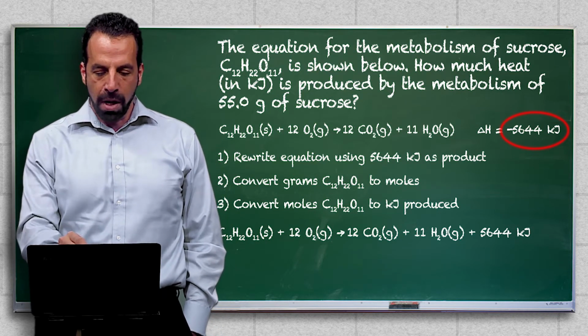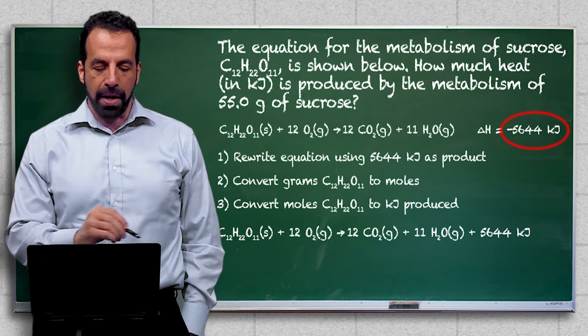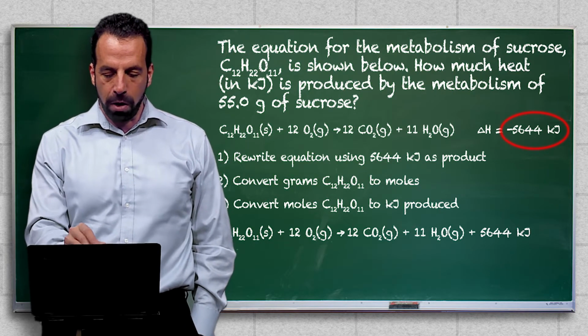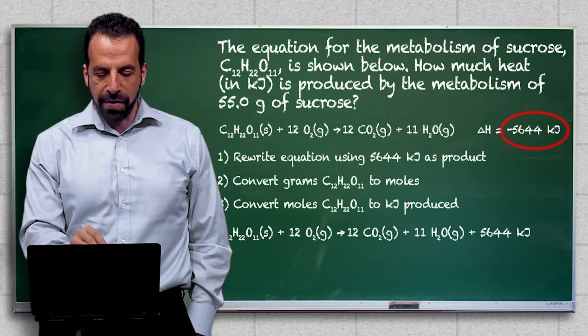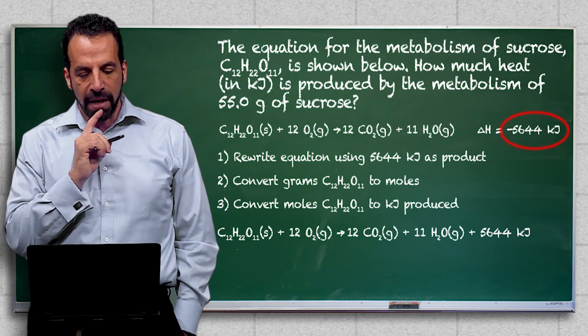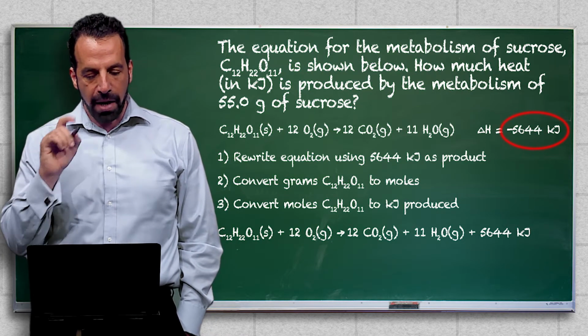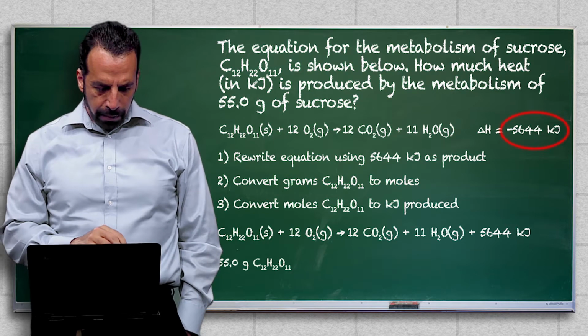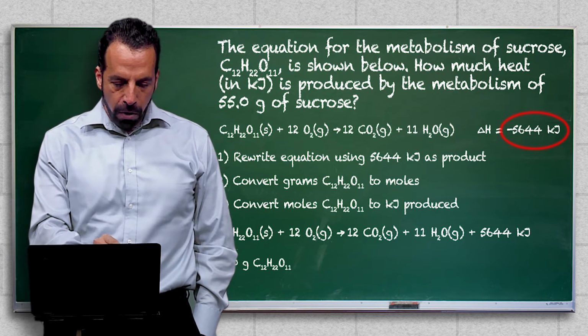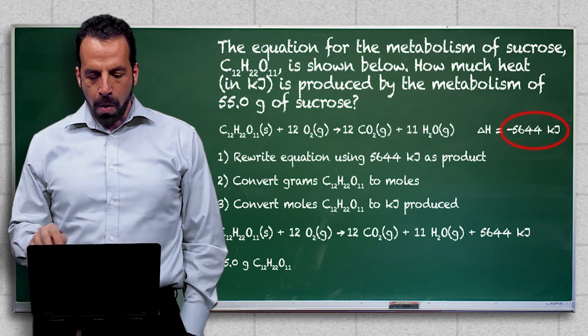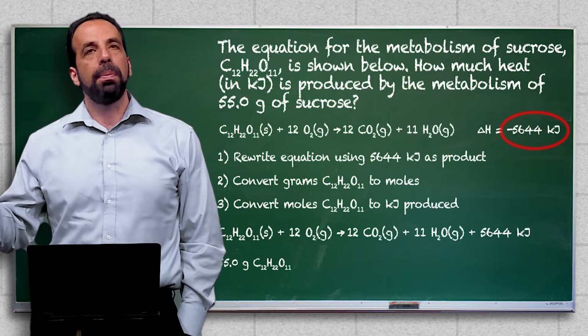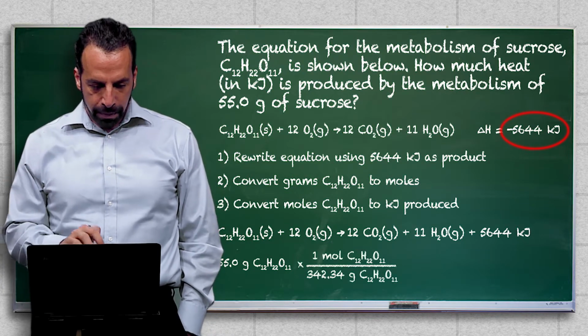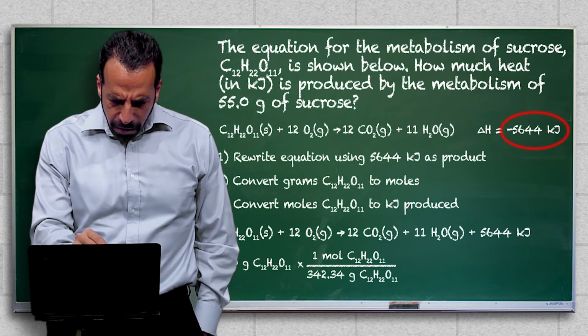I rewrote that equation, and again, notice I wrote 5,644 kilojoules. I wrote that now as the product. And again, 1 mole of sucrose is going to give me that 5,644 kilojoules of energy. We have grams of sucrose when you're doing that. We're going to convert it now to moles. So we look up the molar mass of that. Again, always cancel stuff out when you're doing that.